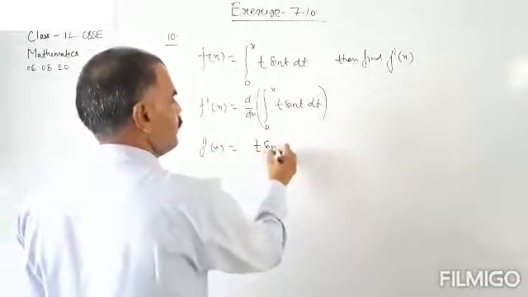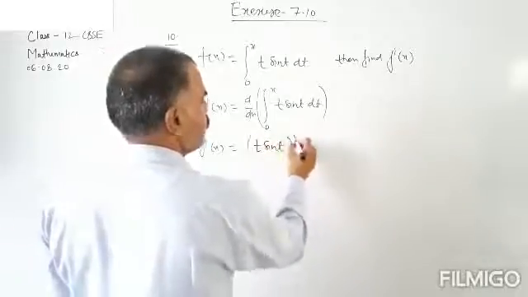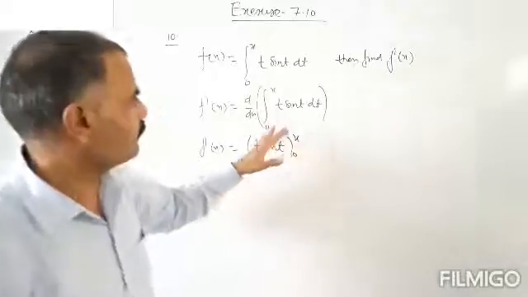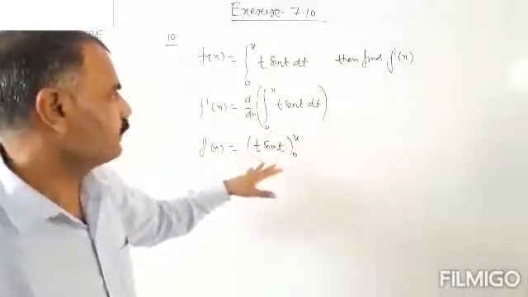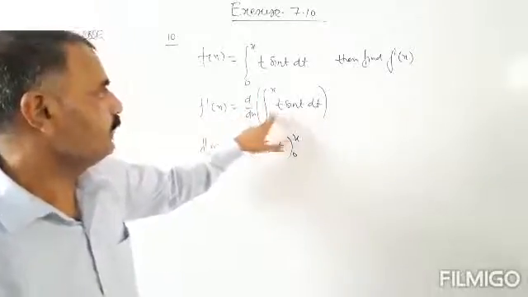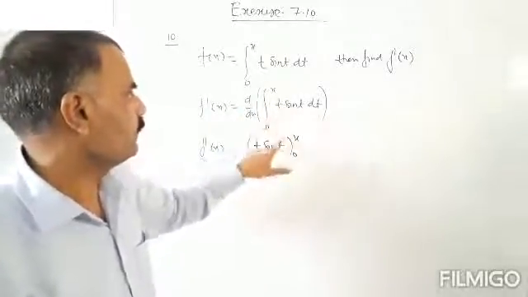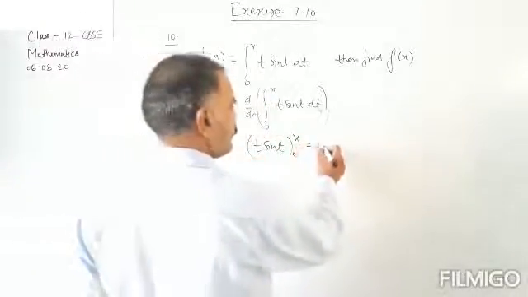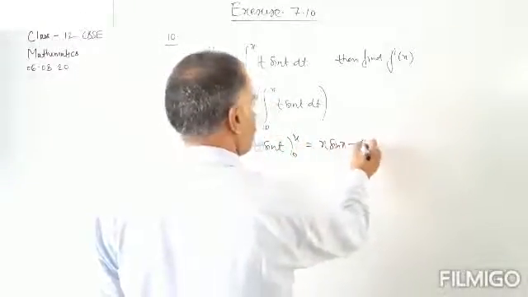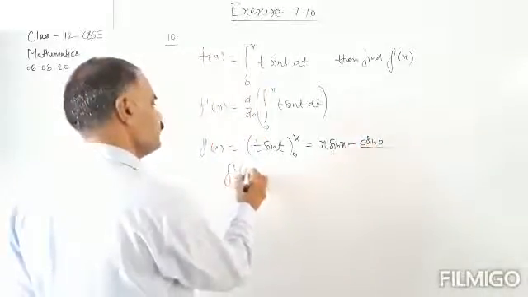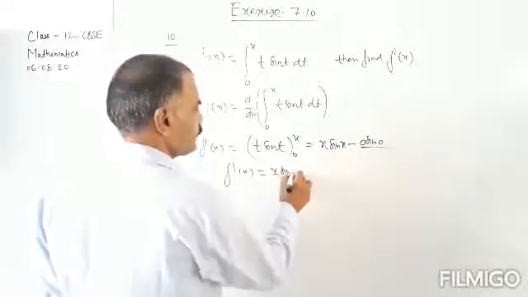So we get t sin t with limits from 0 to x. So finally, this is equal to x sin x minus 0 sin 0. This is 0. So f dash x equals x sin x.